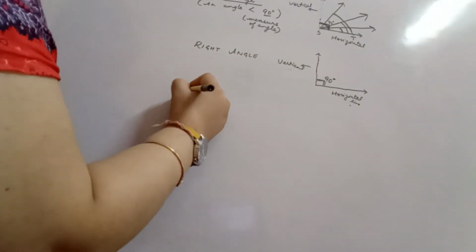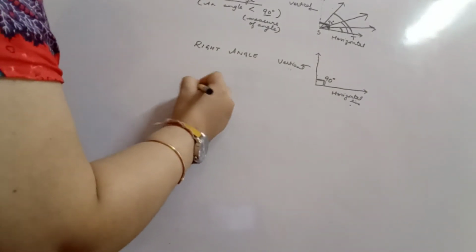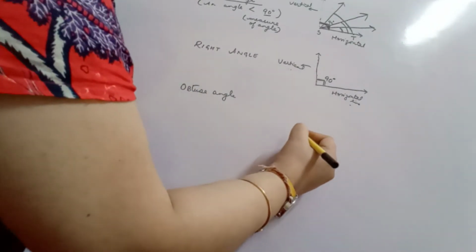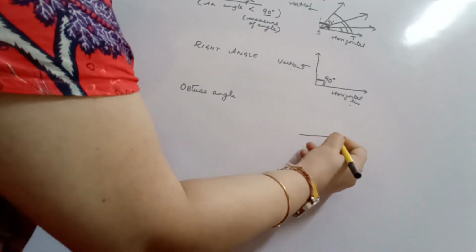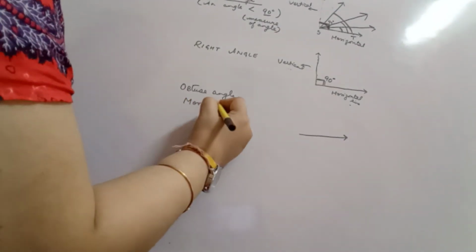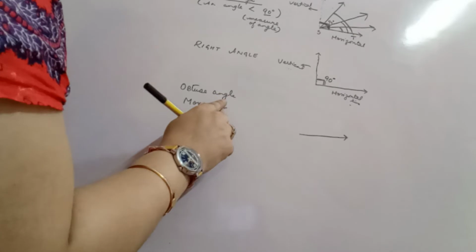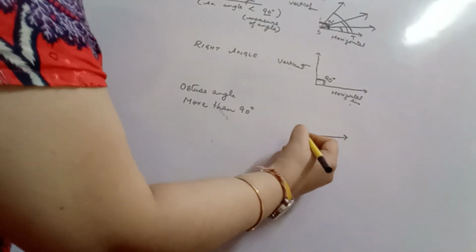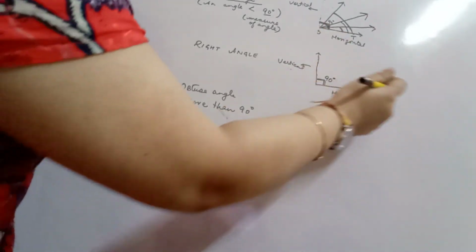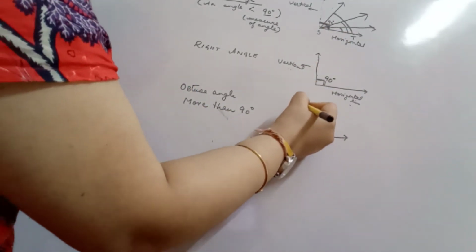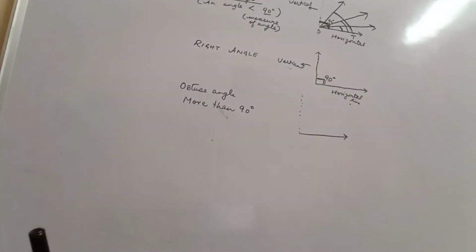Then comes the obtuse angle. Now what about the obtuse angle? The angle which is more than 90 degrees. So more than 90 means, what is a 90-degree angle? A vertical line over a horizontal line.